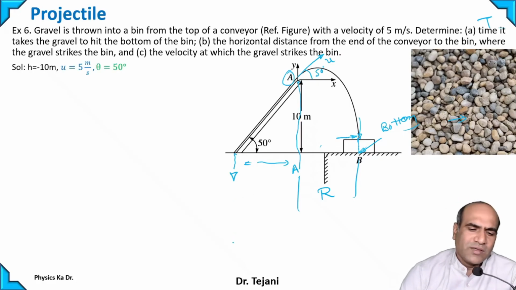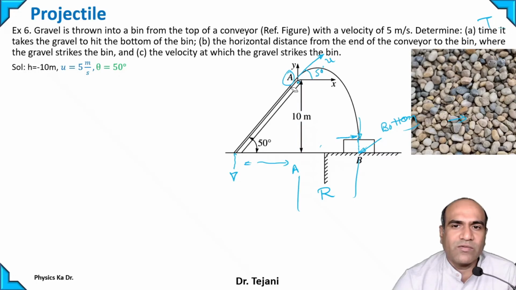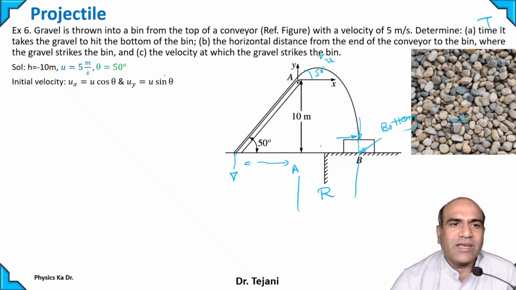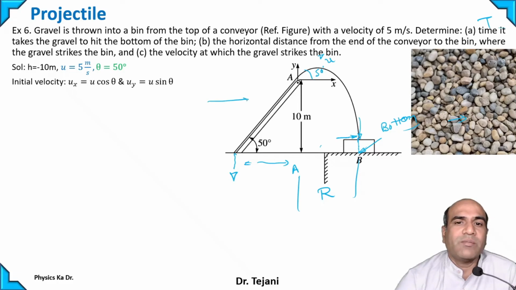So we know that h is equal to minus 10, because it is throwing from this position. So h is negative 10. Theta is 50 degrees, and initially u is equal to 5 meter per second. Then we have the horizontal component ux is equal to u cos theta, and the vertical component is u sin theta.